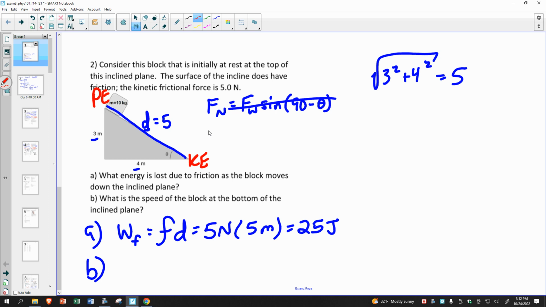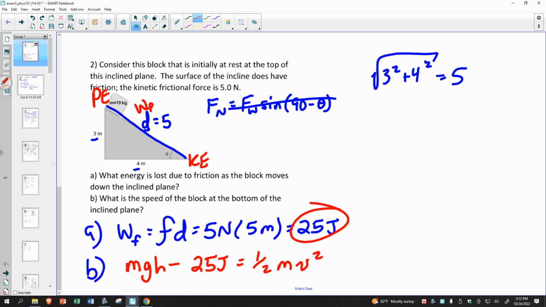Along the way, there's a work done by friction that consumes this 25 joules of energy. So we'll say mgh minus the 25 joules, or you could say mu mg if you want. That would be the frictional force. So that is equal to 1/2 mv squared.